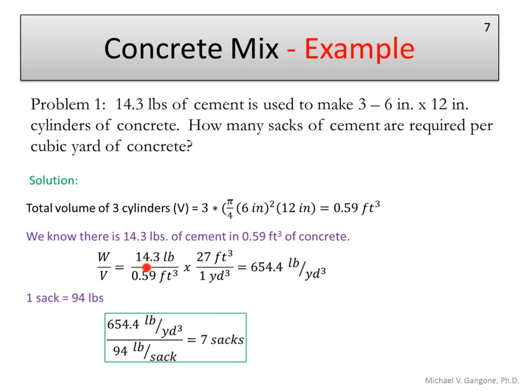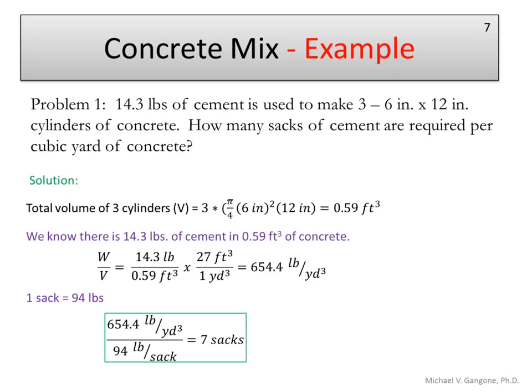So if I take the 14.3 pounds of cement and divide it by the volume of concrete of 0.59, and we convert from cubic feet to cubic yards, we're going to see we have 654 pounds of cement per cubic yard of concrete.